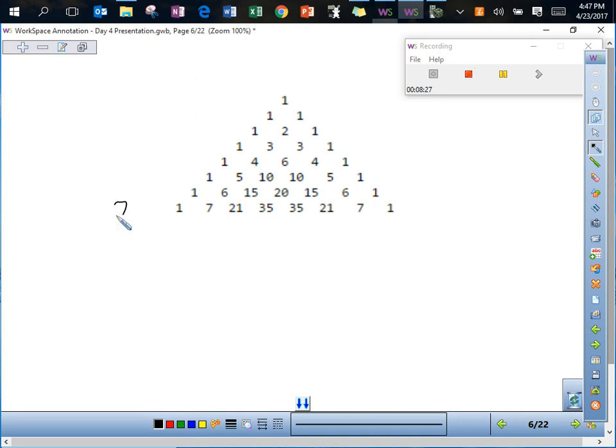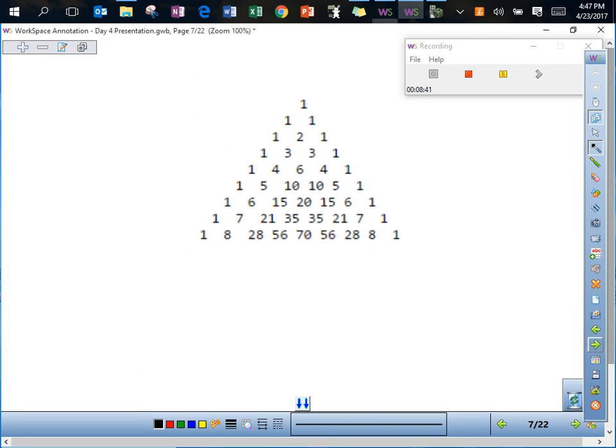So I'll give you a second to write that down, or you could pause it. When you added in your row 8, it looked like that.